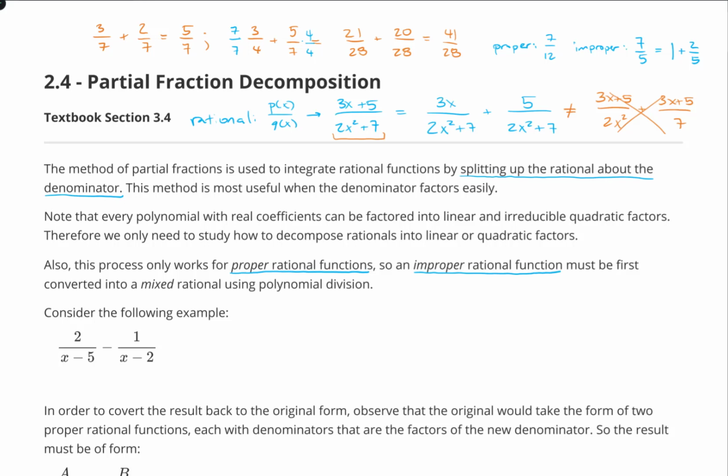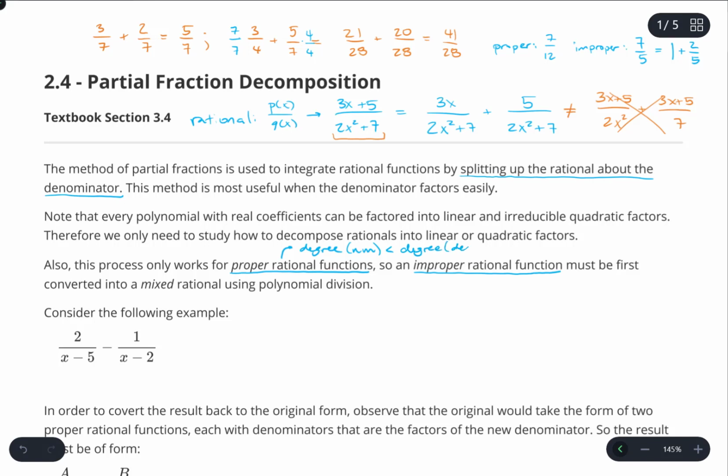Proper rational functions, what that means is the degree of the numerator is less than the degree of the denominator. And an improper rational, the degree of the numerator is greater than or equal to the degree of the denominator.